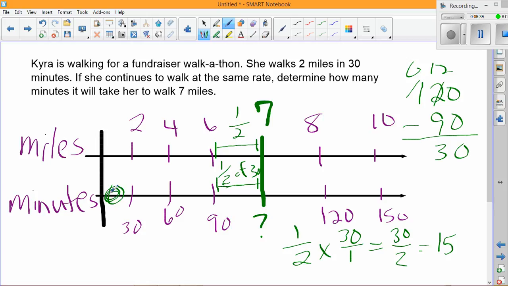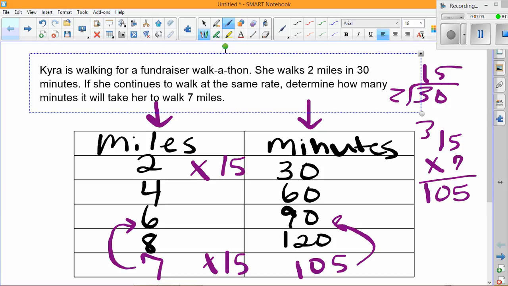So I know the answer isn't 15 because that doesn't make sense on our double number line, but I know that this gap here is 15. Well, it's 15 numbers away from 90. So then we take 90 and we add 15 and we will get 105, which is the exact same answer that we got on our previous page by doing the unit rate method.